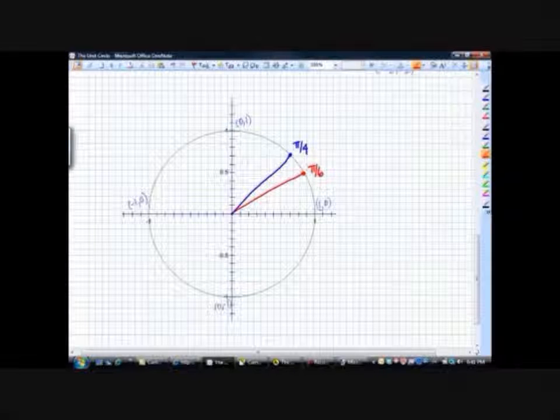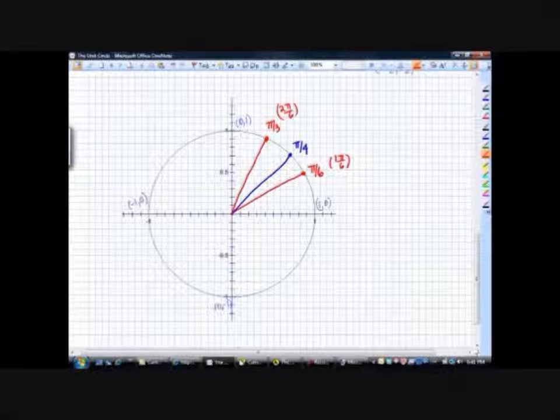Then, if you think about it, we're going to look for 2 pi over 6. 2 pi over 6 is pi over 3, which is again less than pi over 2, so that's also going to be in the unit circle. So we have pi over 3. So we've got 1 pi over 6. We've got 2 pi over 6.